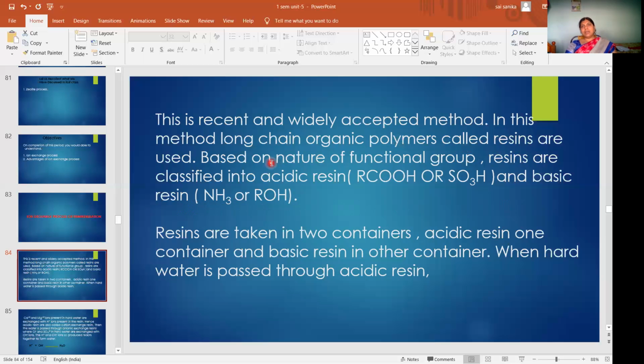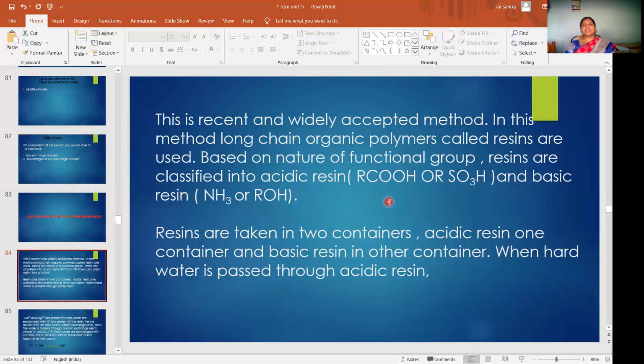Based on nature of functional group, resins are classified into two types, that is acidic resin and basic resin. Nature means whether the functional group is acidic in nature or basic in nature.